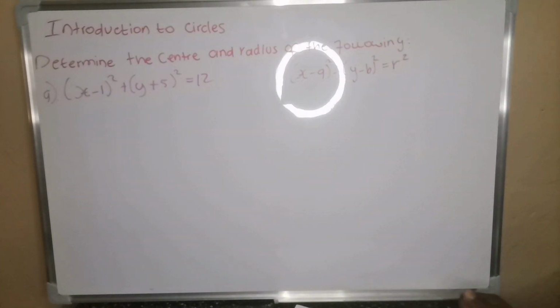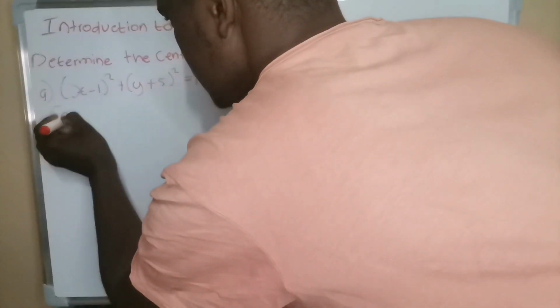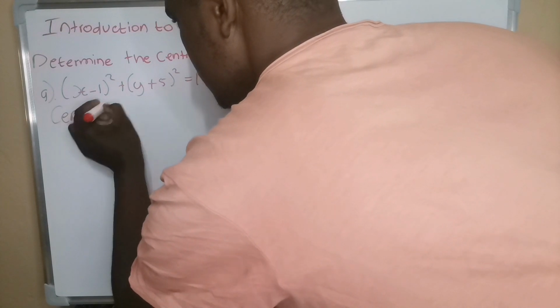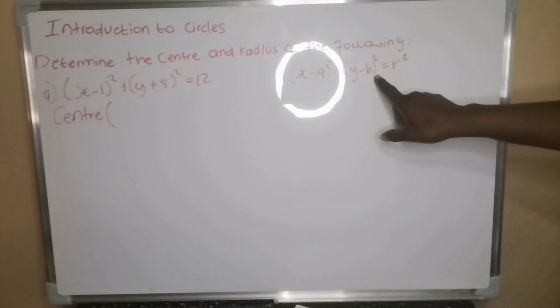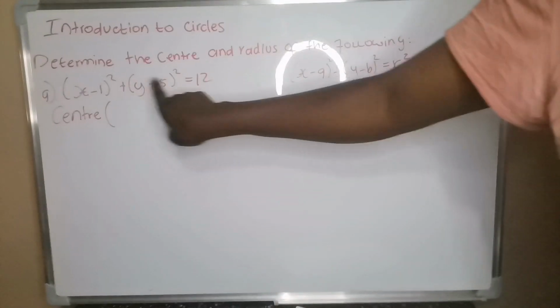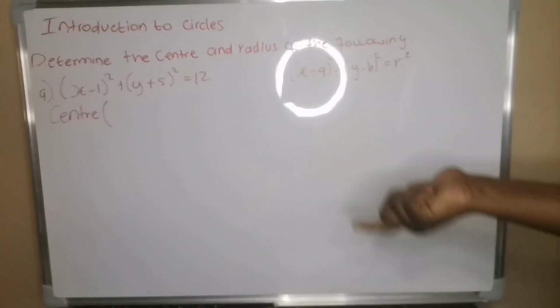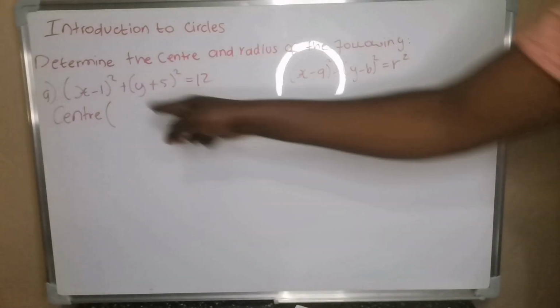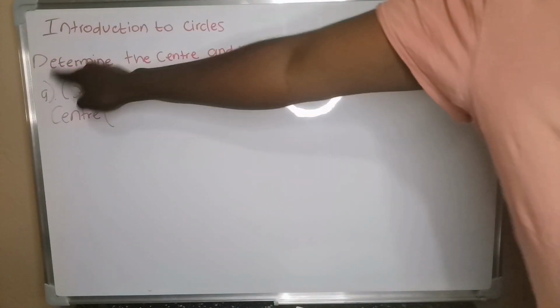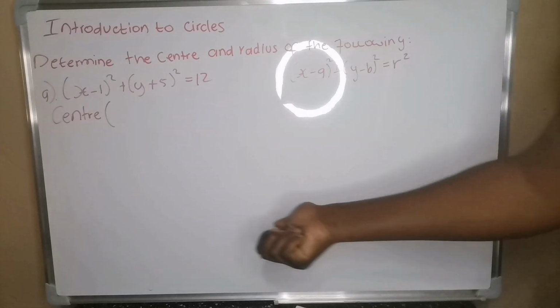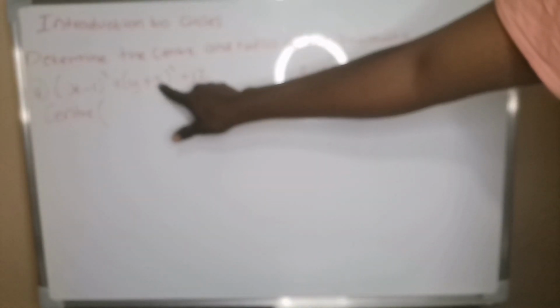We just need to point out our center. What is our center here? Remember, a and b are the coordinates of the center. Remember, when this negative 1 comes out of the bracket, it changes the sign. The same applies to this positive 5.